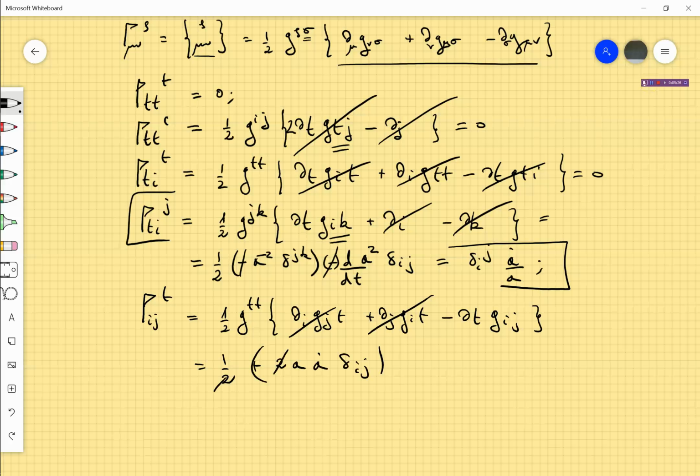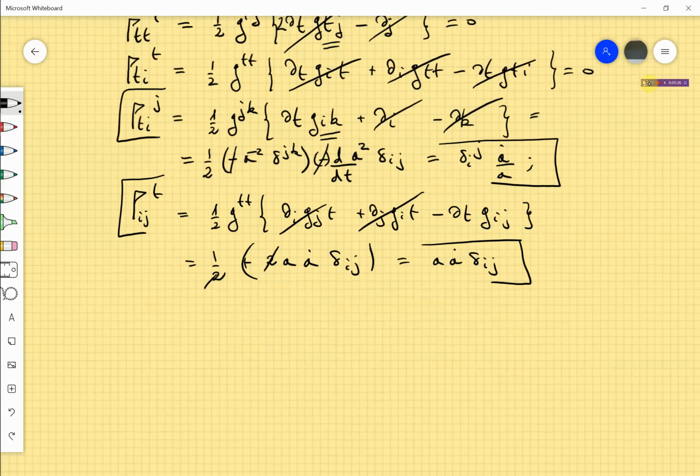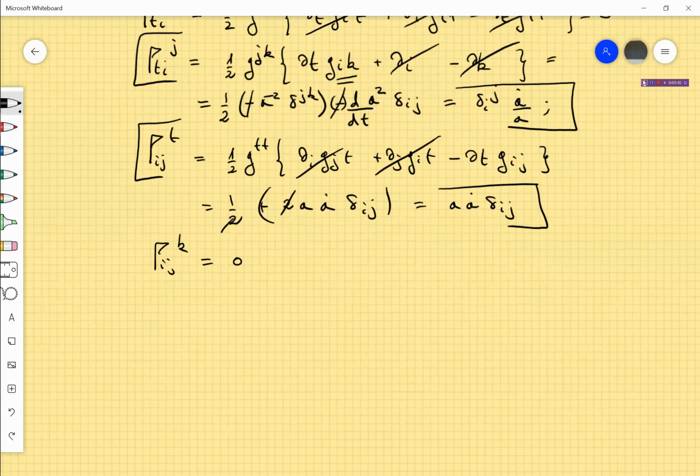Okay, it cancels, and this is a dot delta ij, also different from 0. And when I consider gamma ijk, I also get 0 because only spatial derivatives appear. Summarizing, typically we only write the ones that are non-vanishing. It is understood that the rest of the components vanish, and the result is that gamma ijt is a dot delta ij.